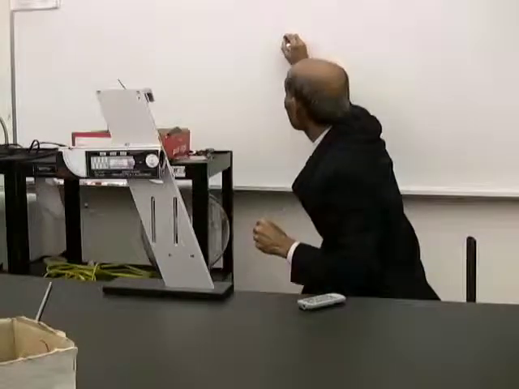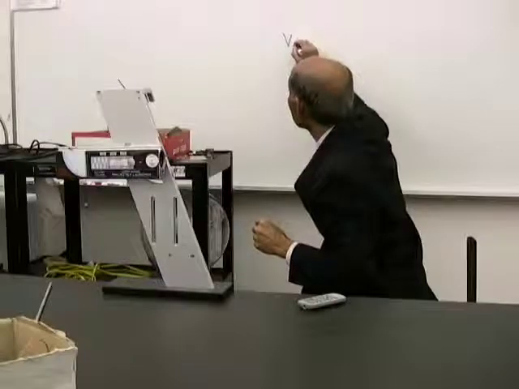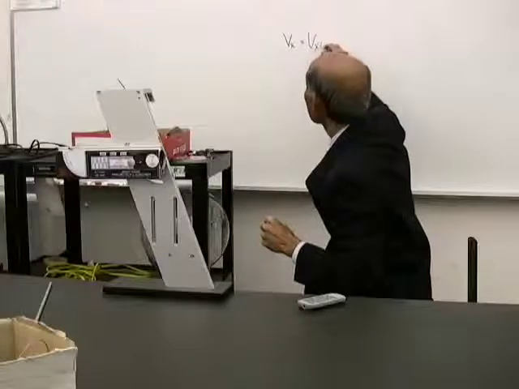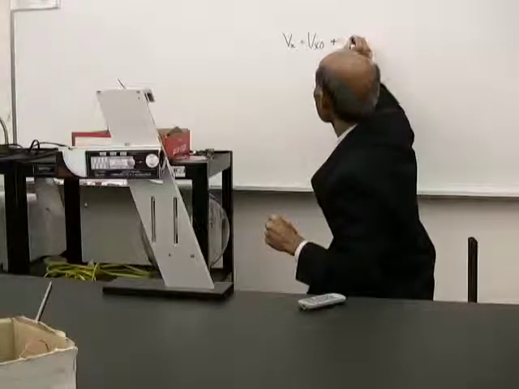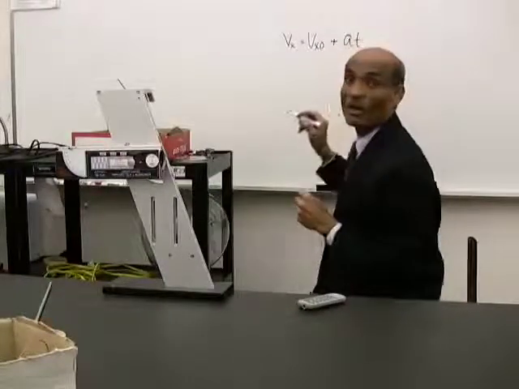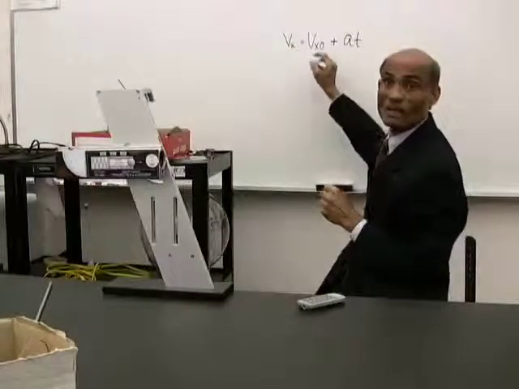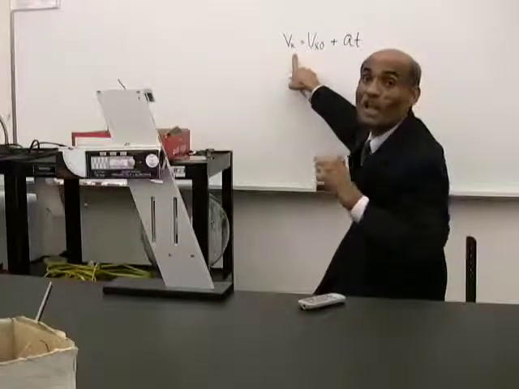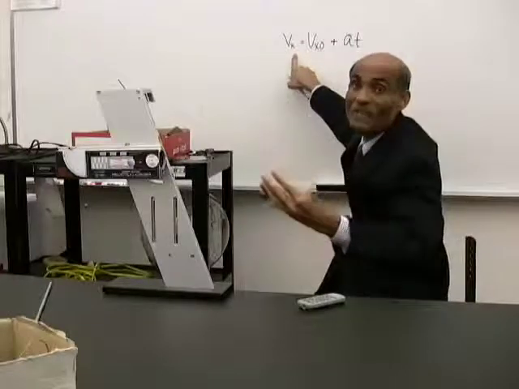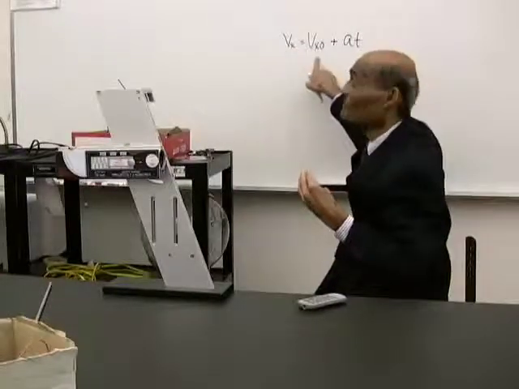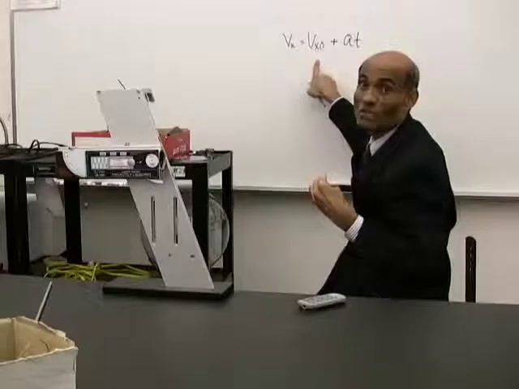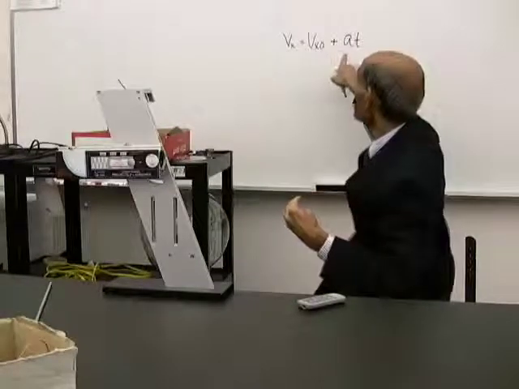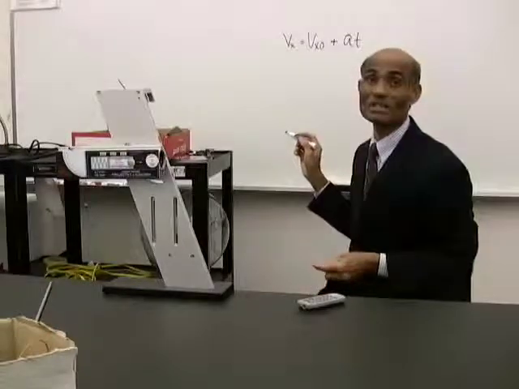Now, the first equation will be Vx equal to Vx0 plus at. What does that equation mean? Vx is the x velocity at any given time, Vx0 stands for the initial x velocity, plus a times t.